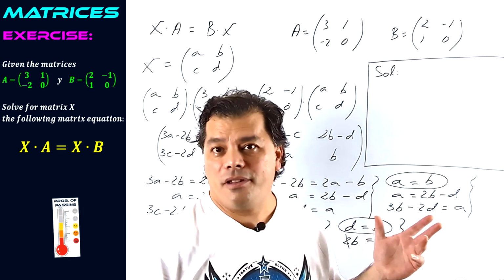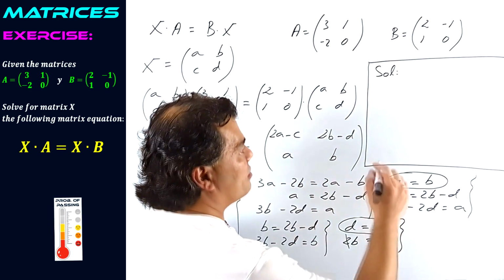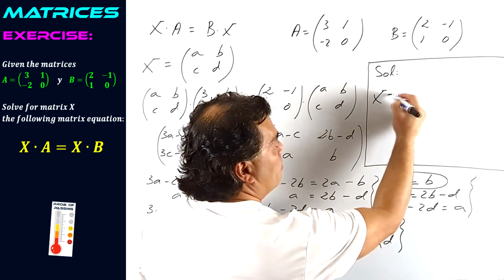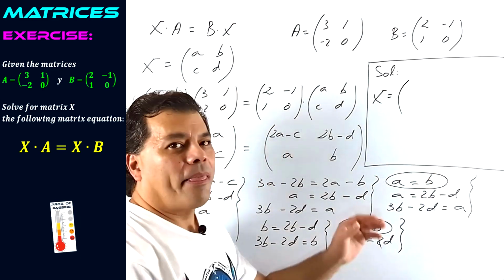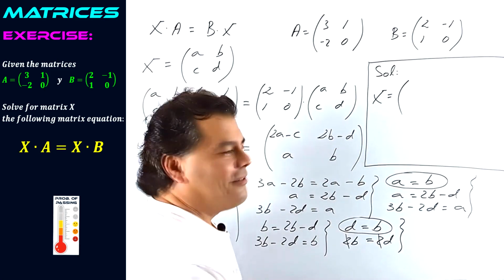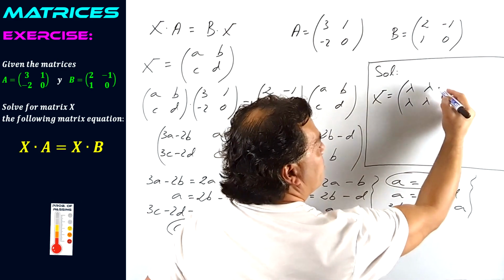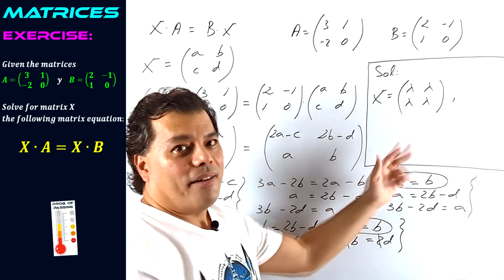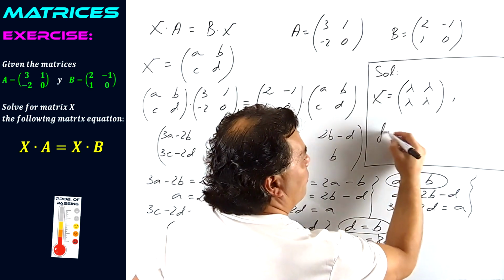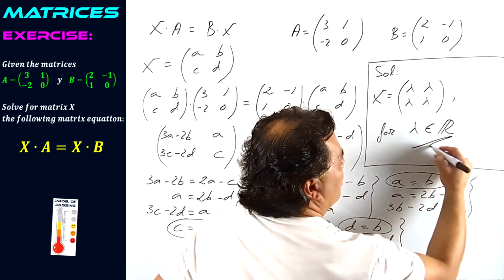In order not to give any privilege to any of these 4 letters, let's put the solution this way. Matrix X must be, let's think of any other letter, a typical Greek letter, for example lambda, in the 4 positions. And let's add lambda belonging to the real numbers.